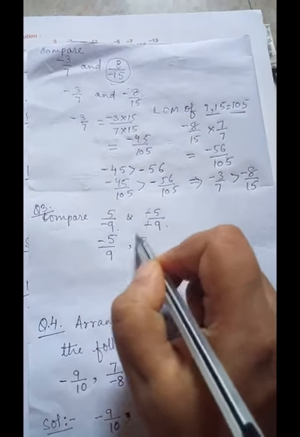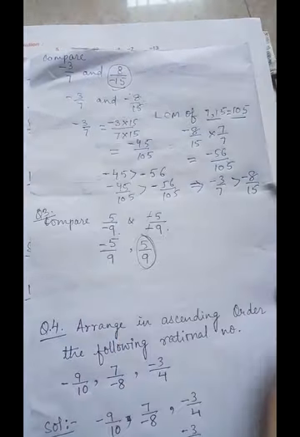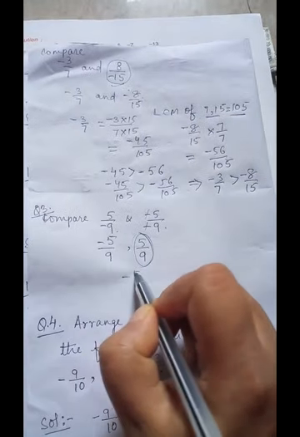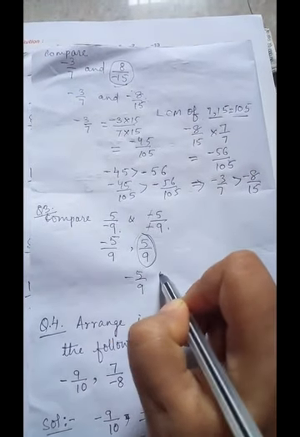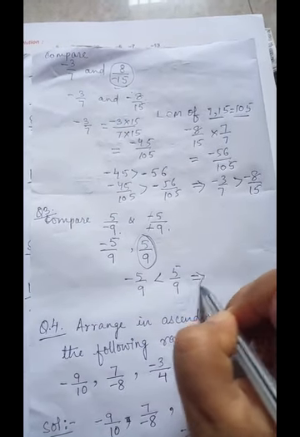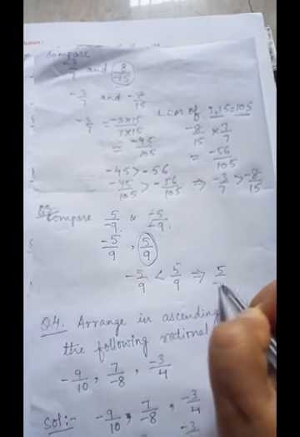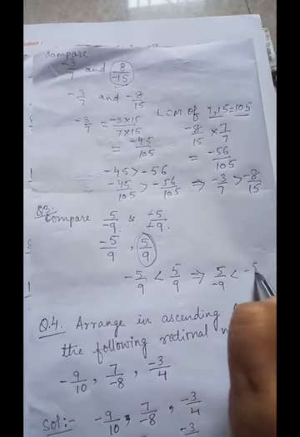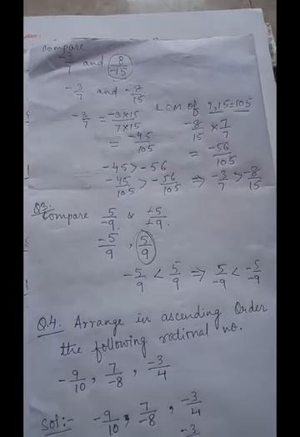So obviously here the positive rational number will be greater. So minus 5 by 9 is less than 5 by 9, which implies 5 by minus 9 is smaller than minus 5 by minus 9. So this is how you have to do the comparing questions.